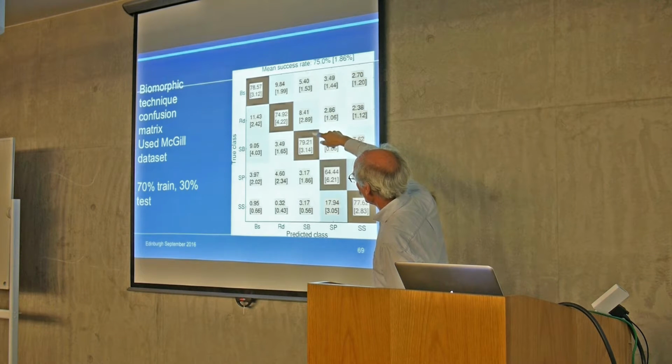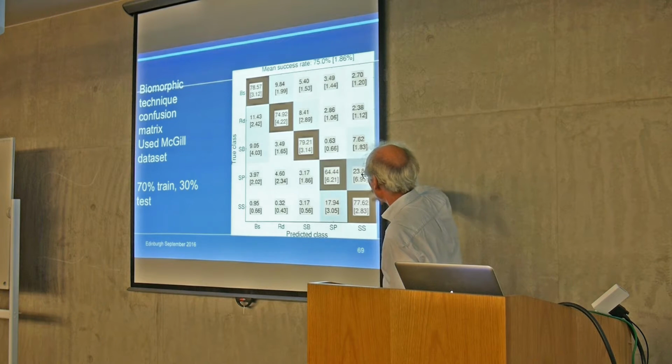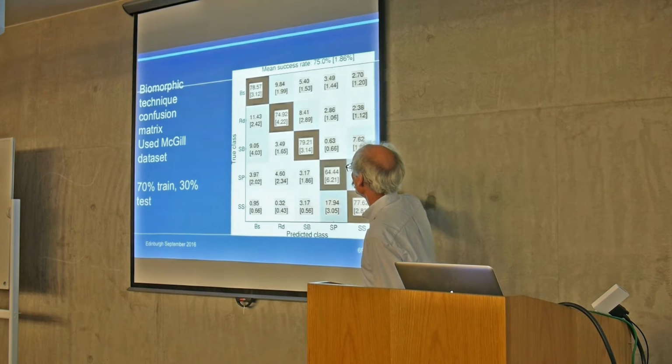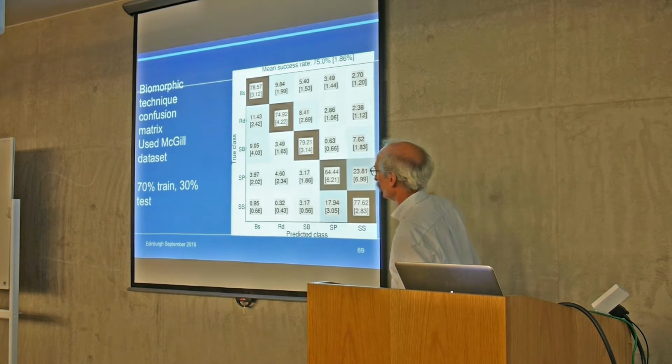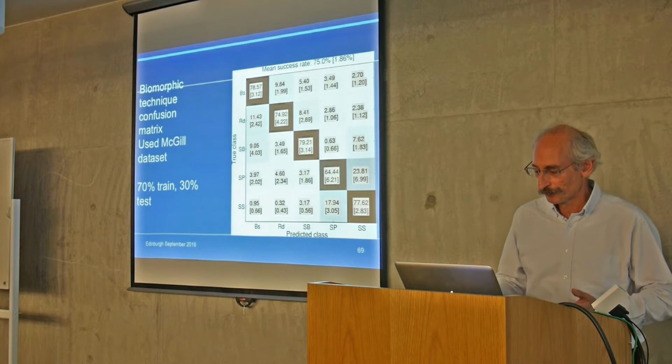For the bass ones, it gets 78.57% correct and doesn't get them very confused. It gets some of the other ones a bit more confused. In particular, it confuses struck string with plucked string. You can see these off-diagonal values are relatively large. And we trained with 70% of the dataset and tested with 30%.